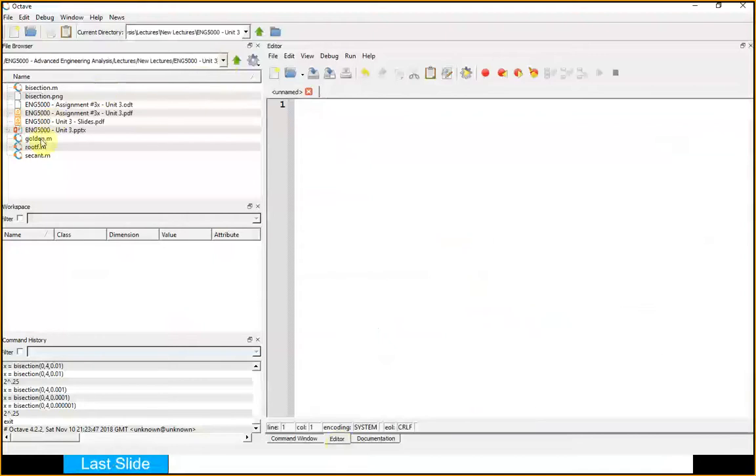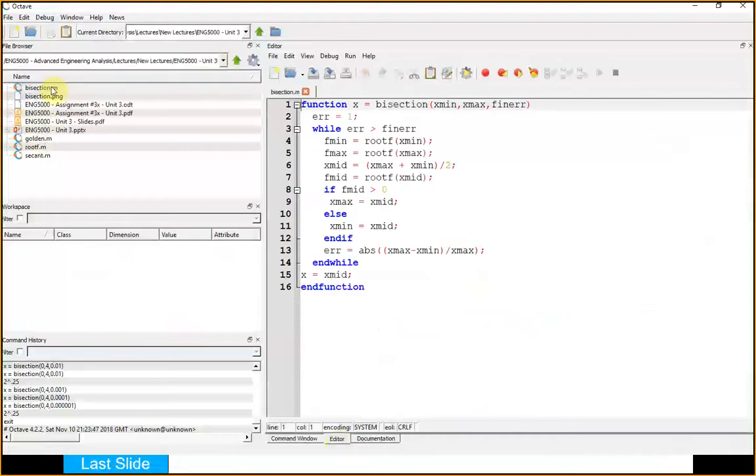We looked at the bisection method here. Here's our bisection method. I did this in class last time, I wrote this code before, while you guys were with me in class.